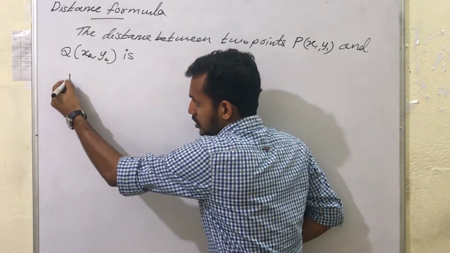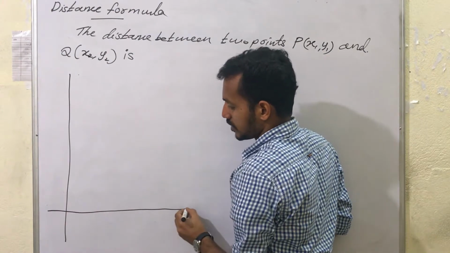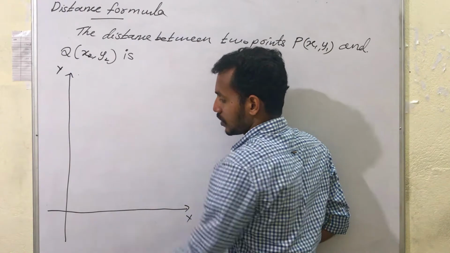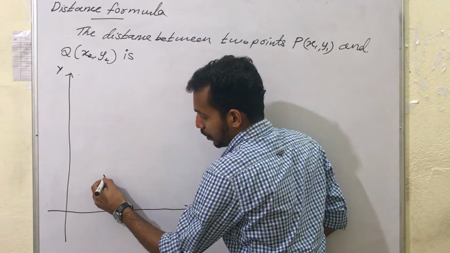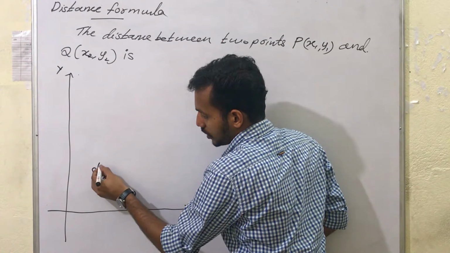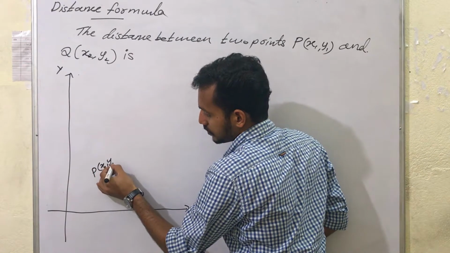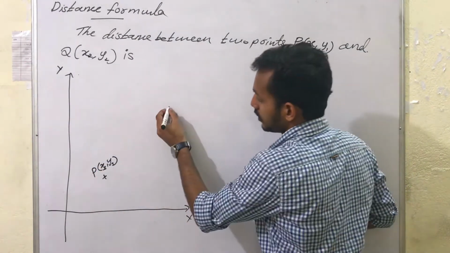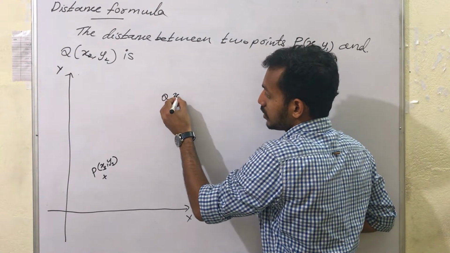Here we are going to consider a Cartesian coordinate system with x-axis and y-axis, and the 2 points P and Q. So let's take point P here, with coordinates x1, y1, and the point Q here with the coordinates x2 and y2.